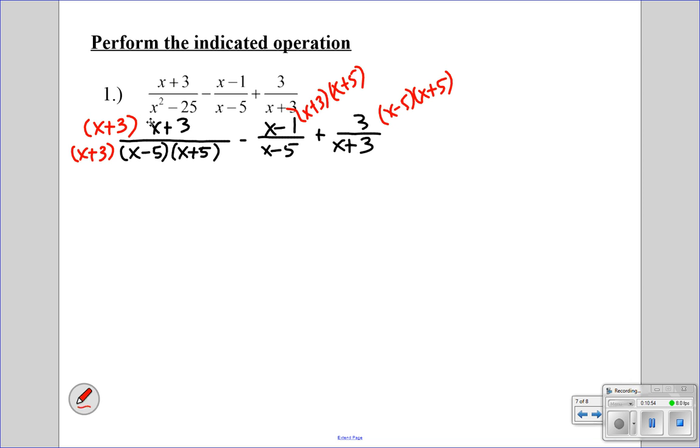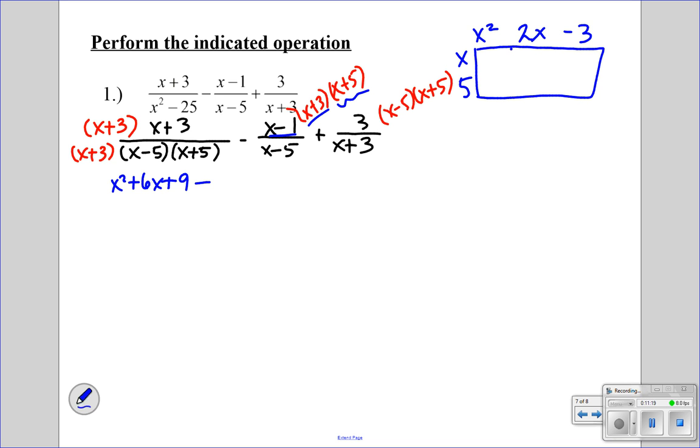Okay, so I'm going to FOIL the first one. So I'm going to get x squared plus 6x plus 9. Then I'm going to subtract it. Now what I'm going to do is I'm going to FOIL the first two. And I'm going to do this over here. X squared, okay, plus 2x minus 3. And I'm going to multiply it by this last one, x plus 5. And I'm going to do it like this because I'm going to use the box method to get our answer.